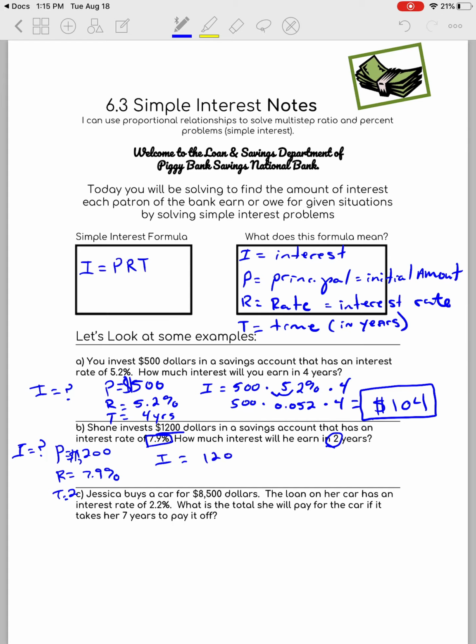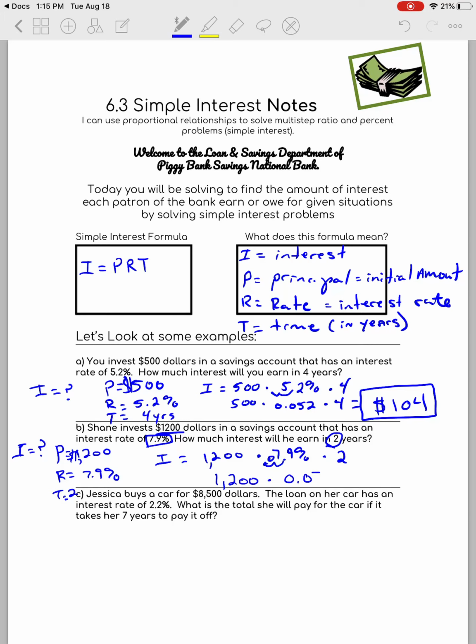So let's write the formula out. I equals 1,200 times 7.9% times 2. And again, multiply it straight across. But what do we have to do first before we do that multiplication? Yes, if you said move your decimal point, you're correct. Remember, we have to change this percentage to a decimal.